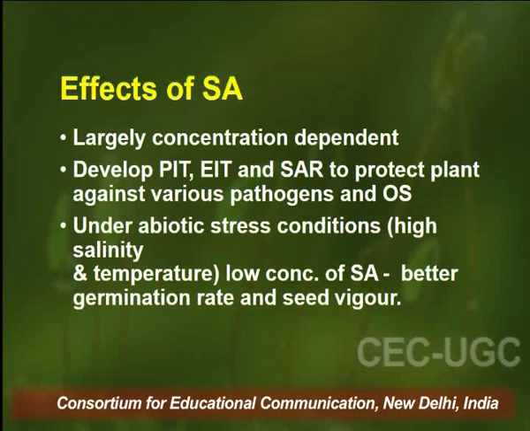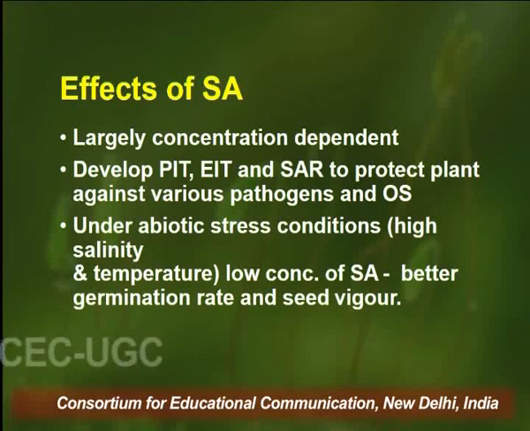Now we will discuss the effects of salicylic acid in the plant. It has been observed that the effects of salicylic acid are largely concentration dependent. A higher concentration sometimes leads to a derogatory effect. So the optimum concentration of salicylic acid should be there.